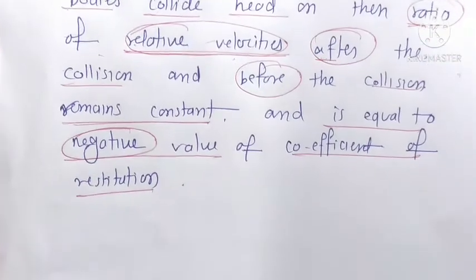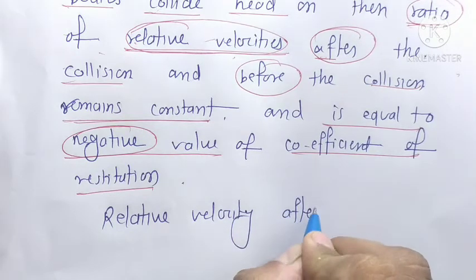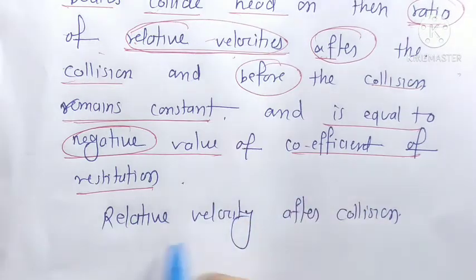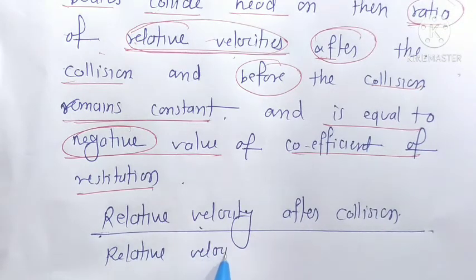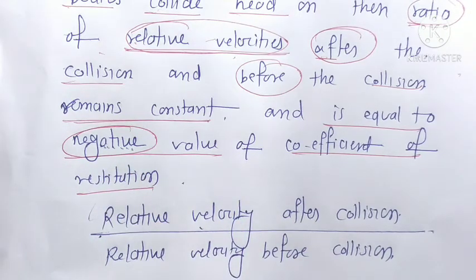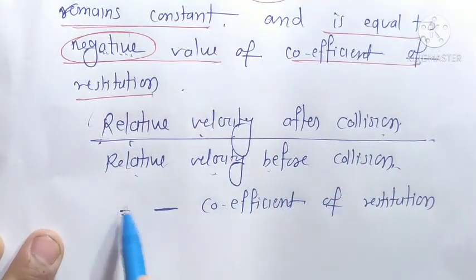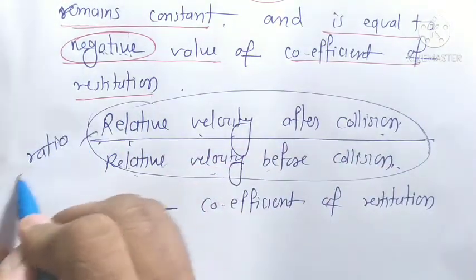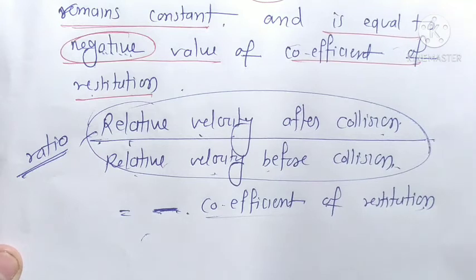So we can write the ratio of relative velocity after collision to relative velocity before collision is equal to the negative value of the coefficient of restitution.